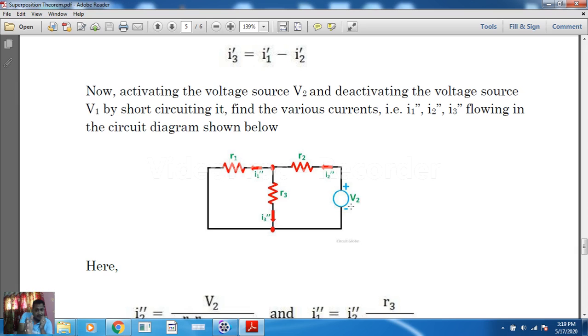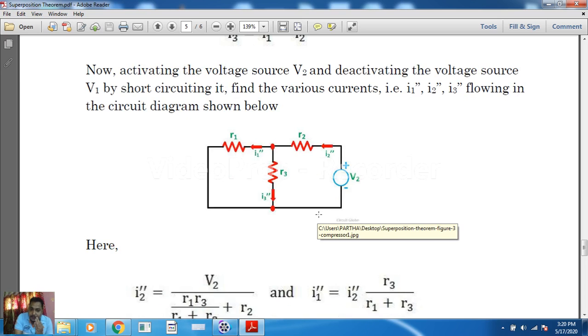So this I2 double bar current will pass through this R2, and coming to this node it is dividing into two sections as per the resistance value between R1 and R3, and the currents are I1 double bar and I3 double bar. So here we can say that the equivalent resistance for this particular circuit is R2 and R3 in parallel with that R2 in series, correct?